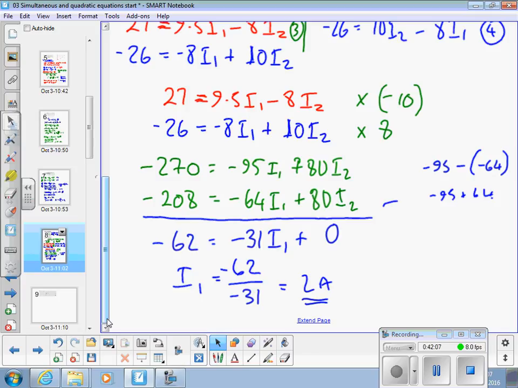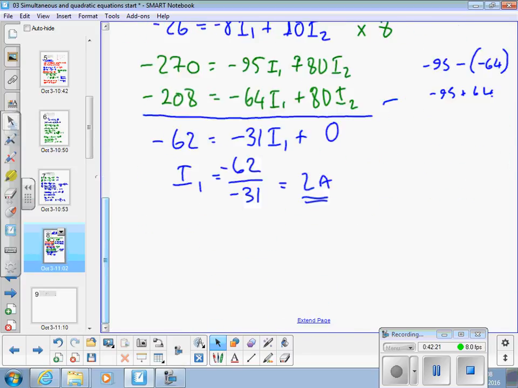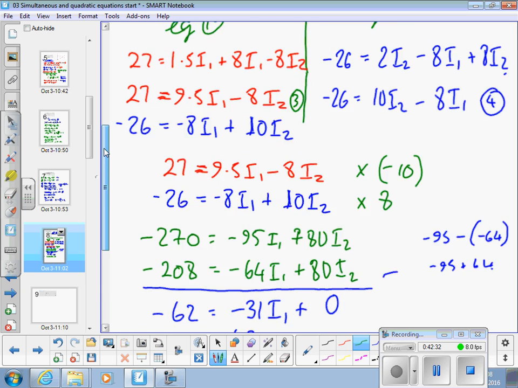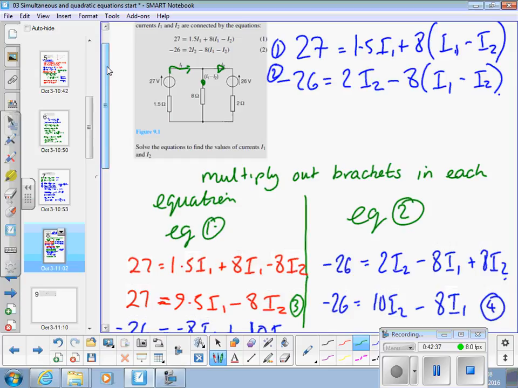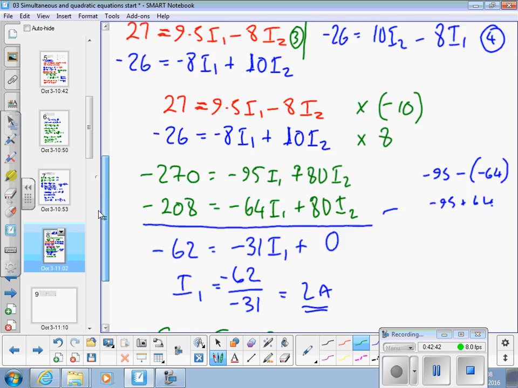What remains is to substitute I1 equals 2 amps into one of the original equations. Which one should we choose? Minus 26 one.